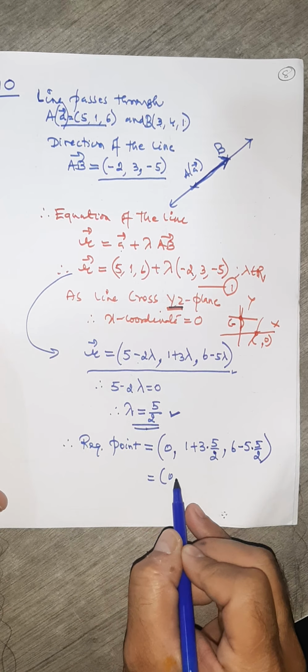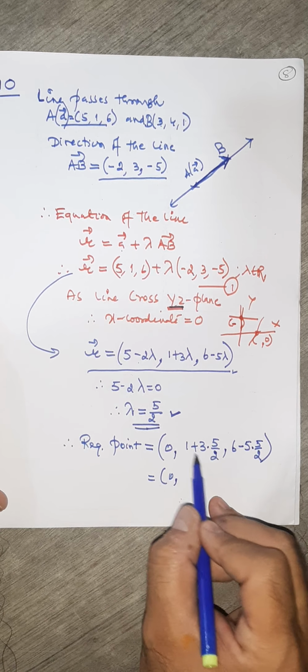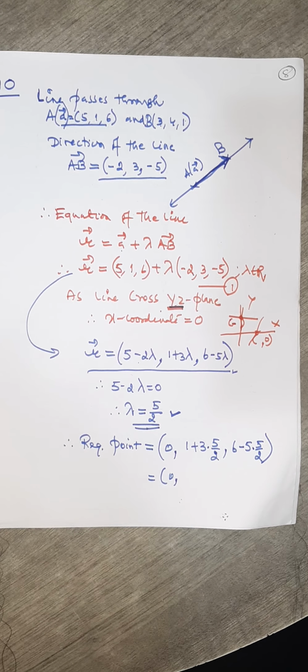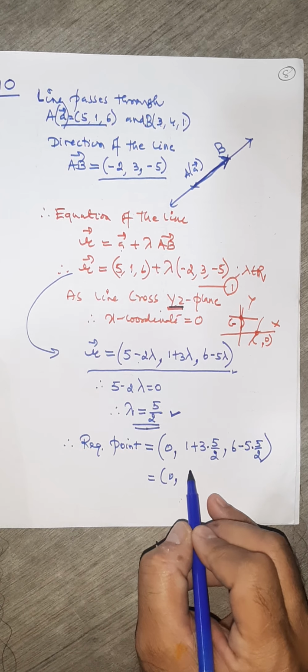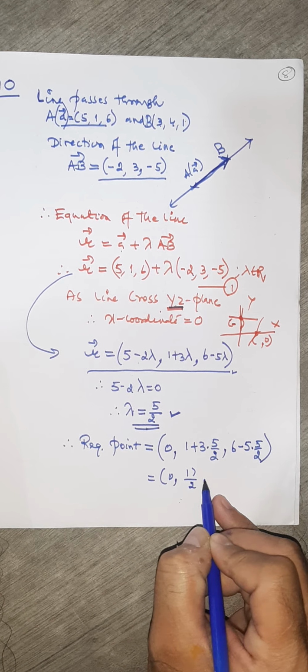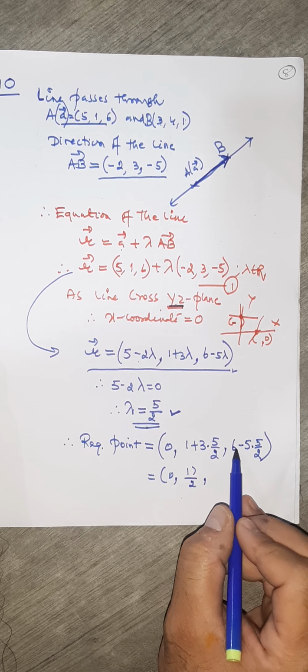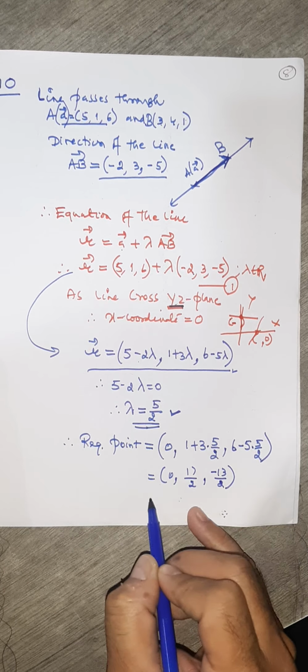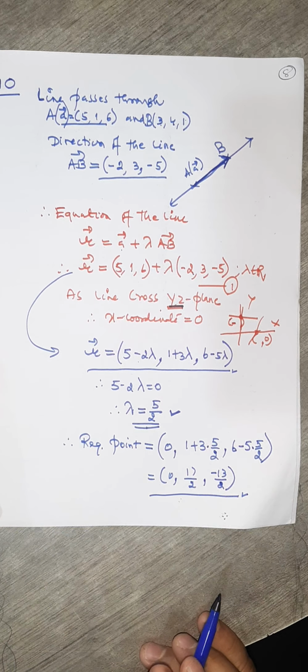So this is 0, comma, what about this? 15 plus 2, which is nothing but 17 by 2. And what about this? Here you have minus 13 by 2. This is the point.